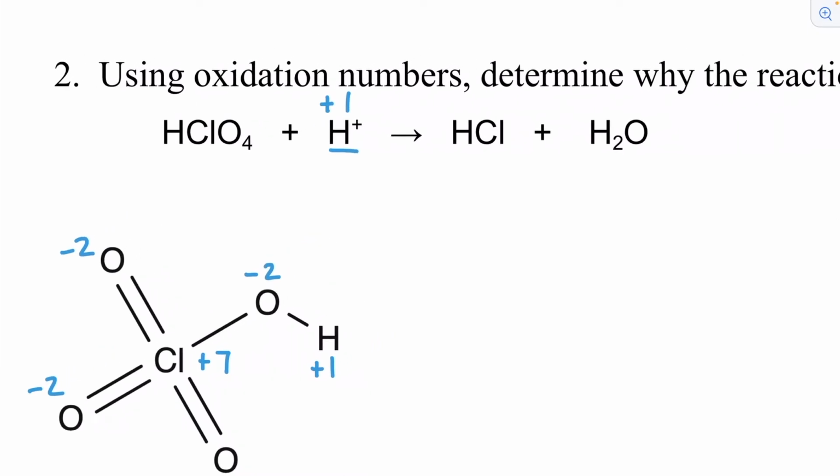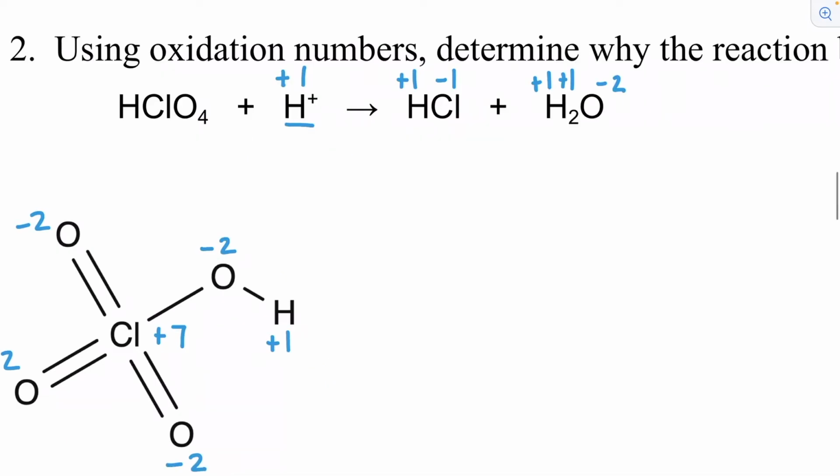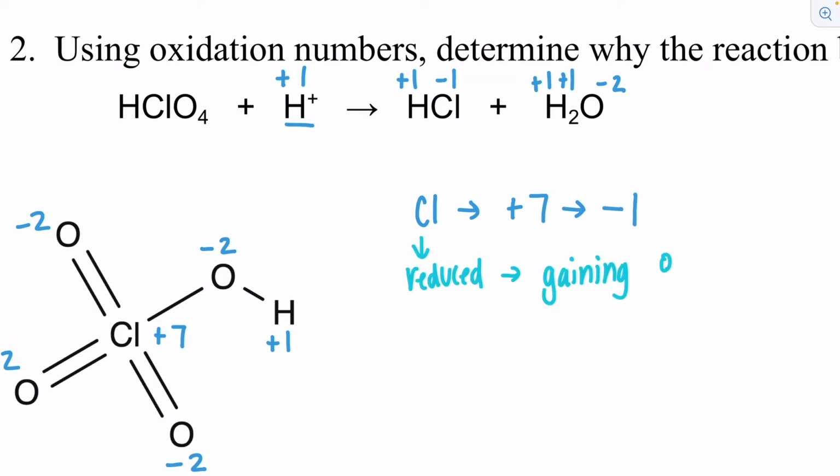And then we do our oxidation numbers here. +1, -1, and each hydrogen is a +1, and there's 2 of them. So I'll write it like that. And our oxygen is -2. That's a neutral molecule. So we look at just the chlorine, because that is the only oxidation number that is changing. Chlorine goes from +7 to -1. It is reduced, gaining 8 electrons.